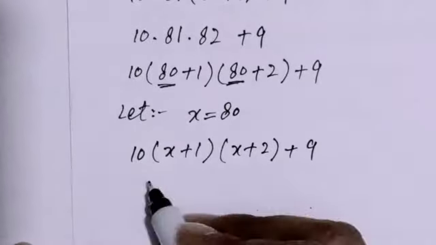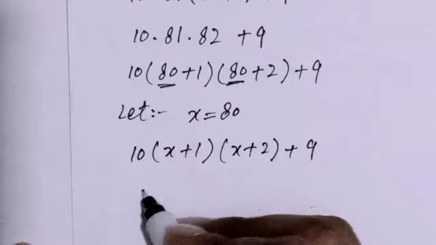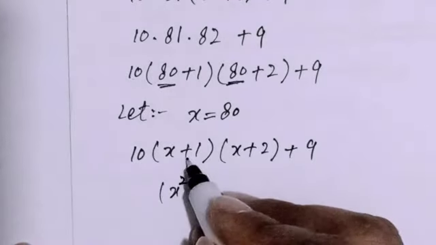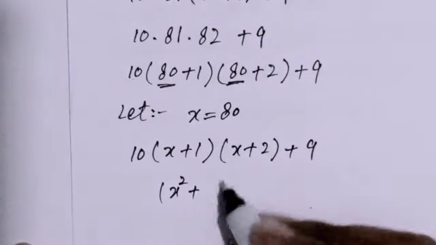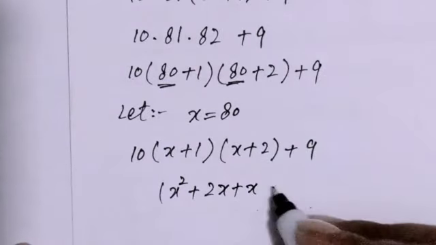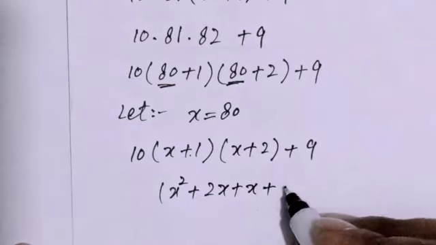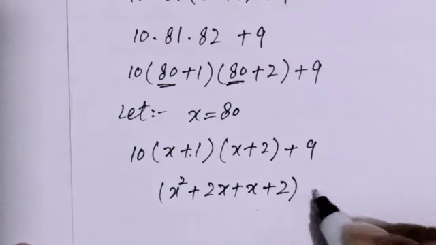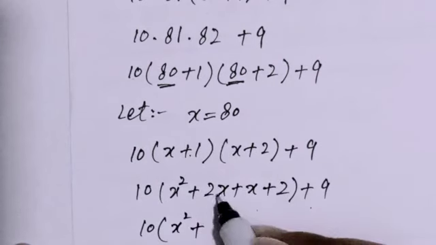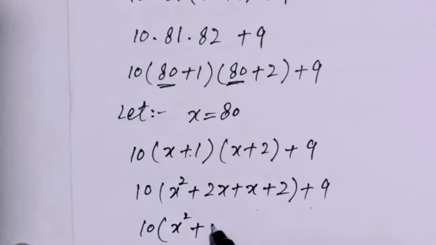Further, I can write this by multiplying both: x multiplied by x will be x squared, x multiplied by 2 is 2x, x multiplied by 1 is x, and 2 multiplied by 1 is 2, plus 9, and this is times 10. Now simplify this: x squared plus 2x plus 1x is 3x, plus 2, plus 9.